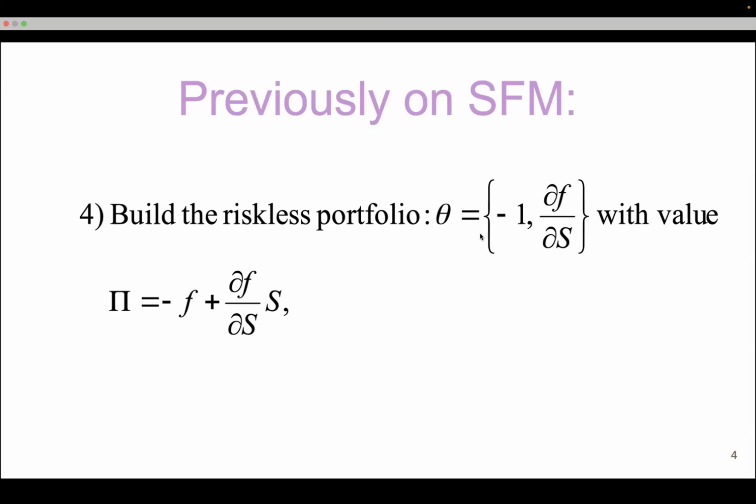So it is a vector with 2 coordinates. The first coordinate is the amount of options, and the second is the amount of stocks. And you can see, we don't know how much these derivatives df with respect to dS are, but that is exactly the material for today's lecture.